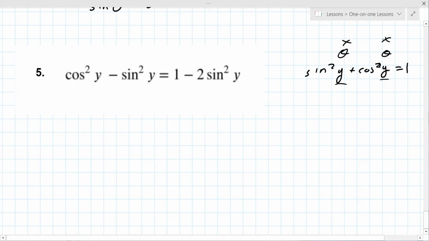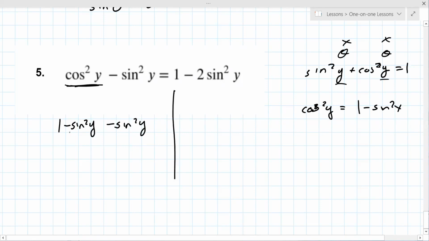The fact that it's 1 suggests we're probably doing something with this, because this one has a sine squared and this one already has a sine squared. So let's solve this for cosine squared. Cosine squared y is 1 minus sine squared y. So this right here is 1 minus sine squared y minus sine squared y. Well, what do these combine into? Just minus 2 sine squared, and we're done.